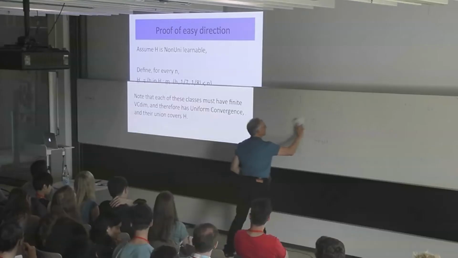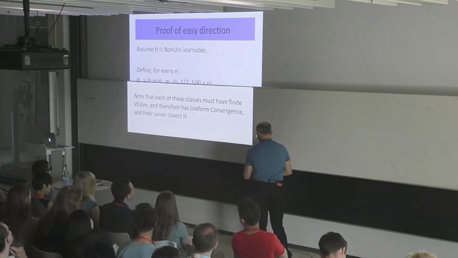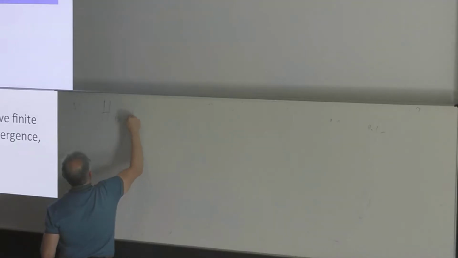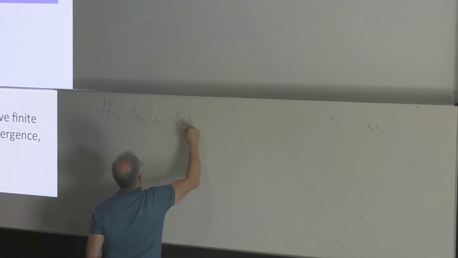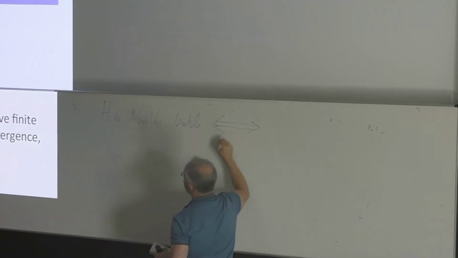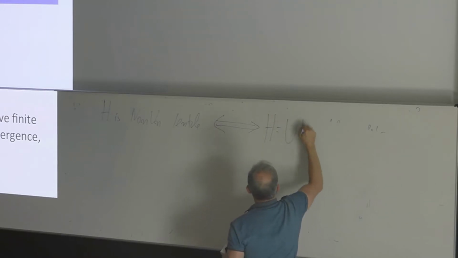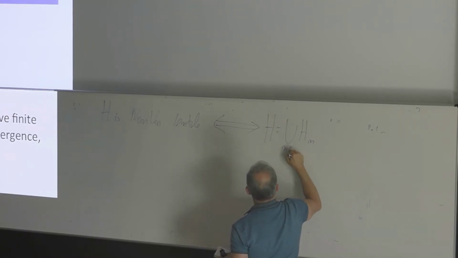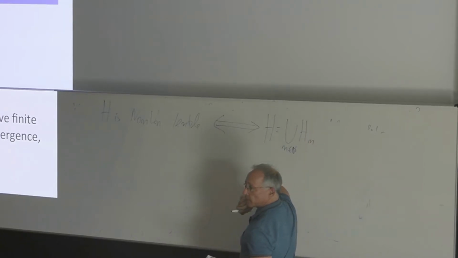We say, on one hand, H is non-uniformly learnable if and only if I can represent H as a union of H_n, where n goes over the natural numbers, and each of those has a finite VC dimension.